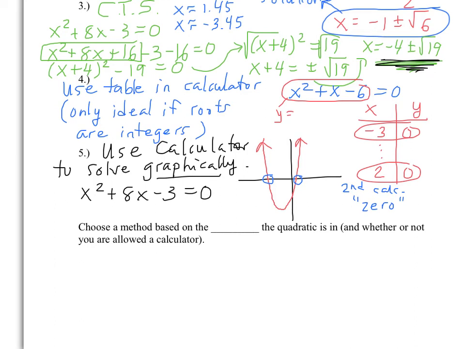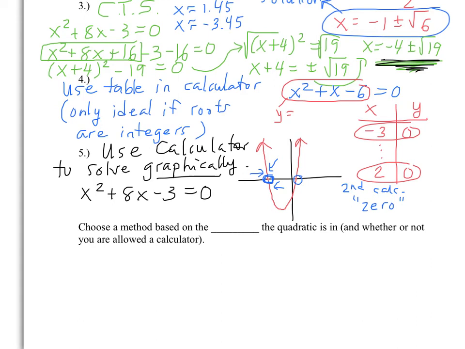So you're going to have to move your cursor. If we're looking to find this one first, it'll first say left bound. So you're going to want to move your cursor somewhere to the left of your point, okay, which looks like it's above, alright, but it's really to the left of it. And then you're going to move your cursor to the right after you hit enter. It'll say guess, hit enter one more time until it tells you the 0.